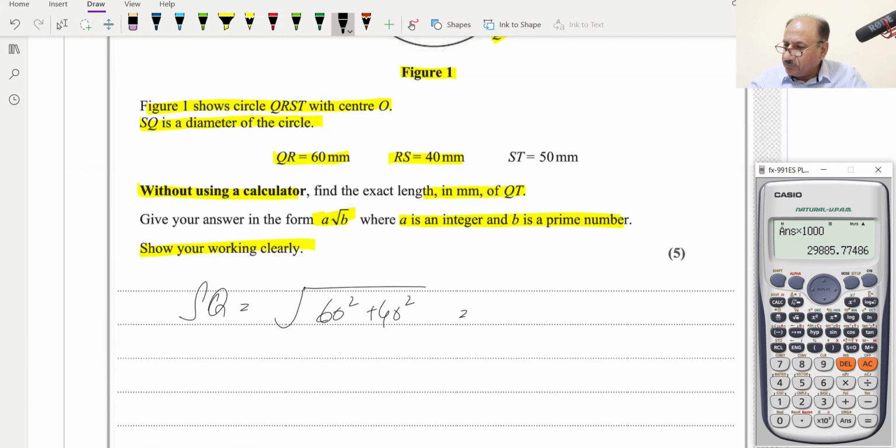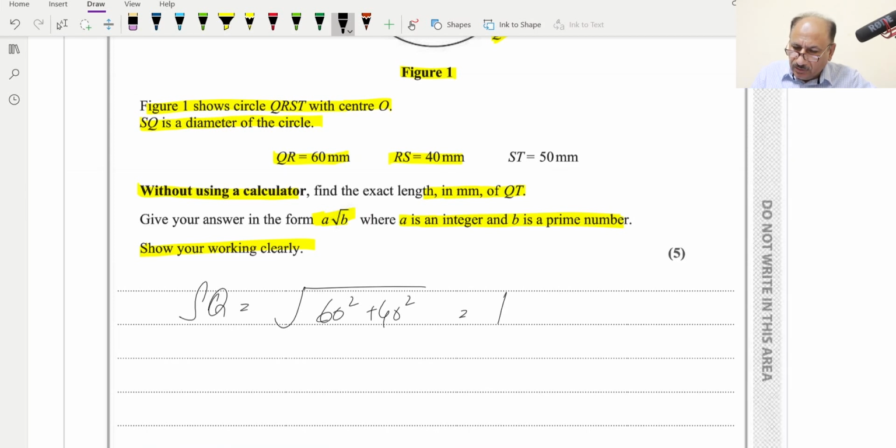60 square plus 40 square is equal to 20 under root 13, or we can just calculate 60 square plus 40 square, and we can write it as 5200 under root.